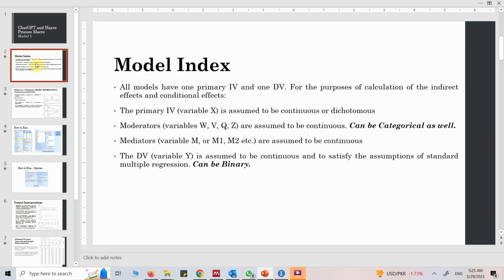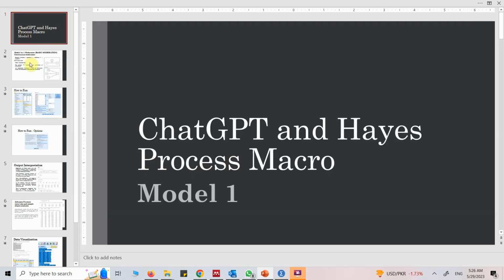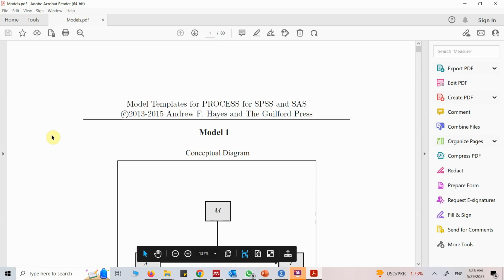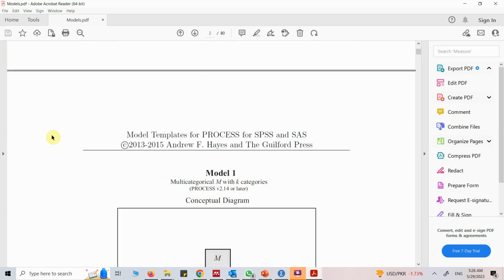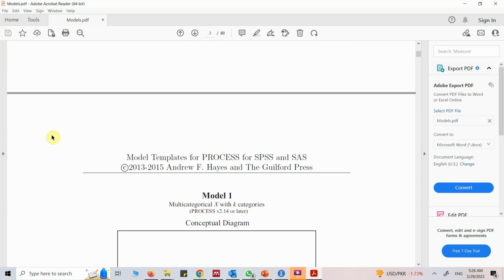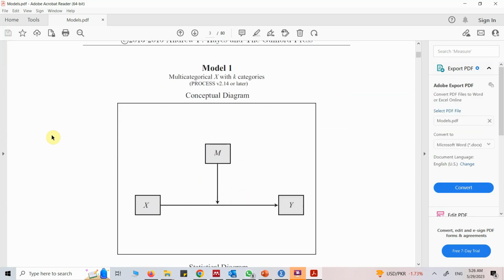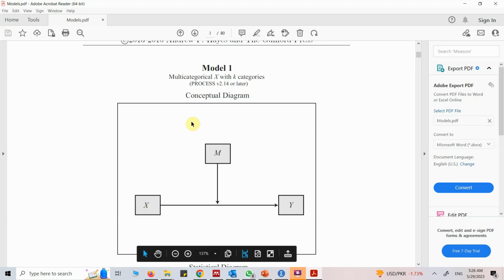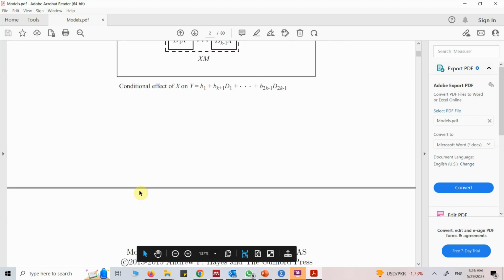Now, the model that we are going to use is Model 1 of Hayes' PROCESS macro. Here are the models from his PROCESS macro, Model 1, and then you've got another model with categories, and then you've got another model with a multi-categorical X. So your X is multi-categorical, and then you've got moderation with a multi-categorical X variable.